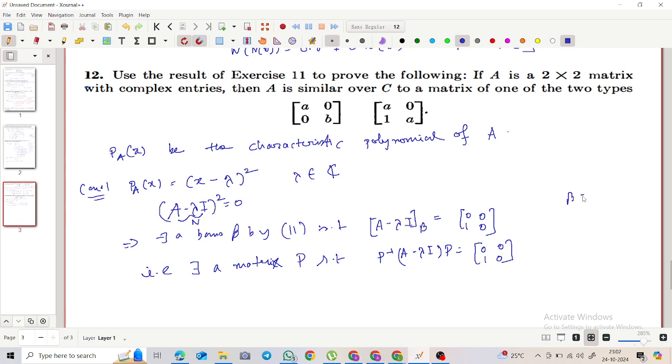That is, if beta is these vectors v1 to vn, P is just the matrix with v1 to vn as columns. Okay, so this is the first column and this is the nth column.